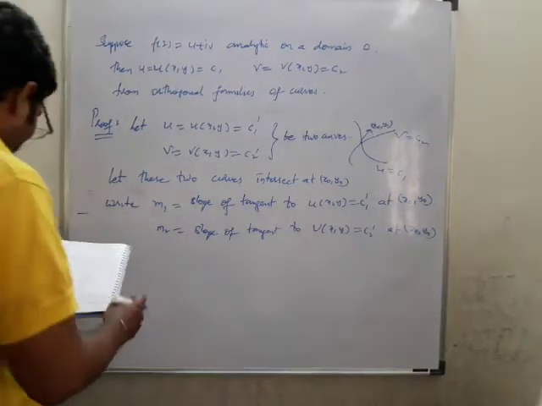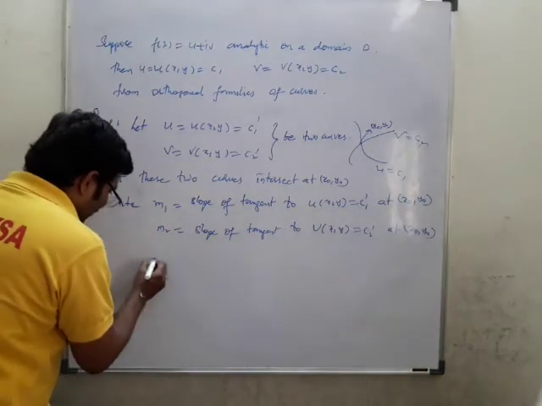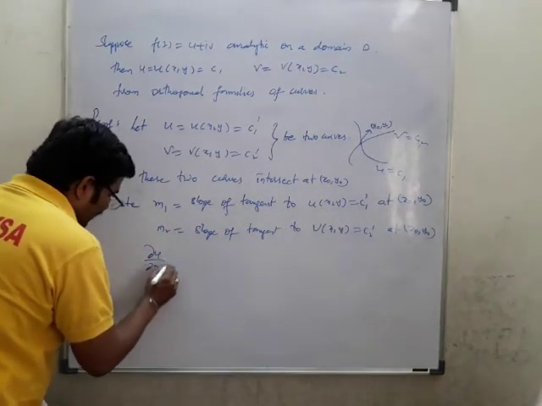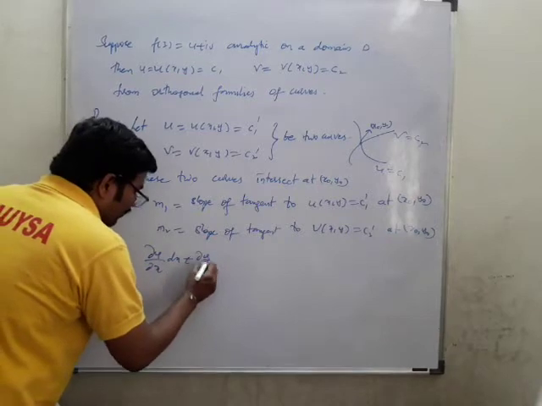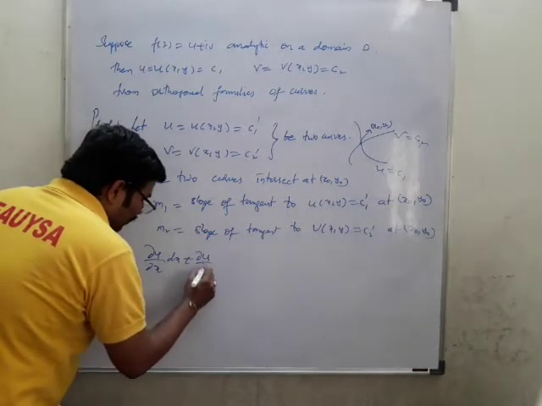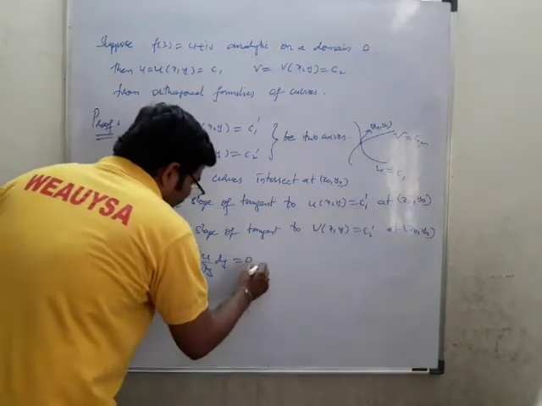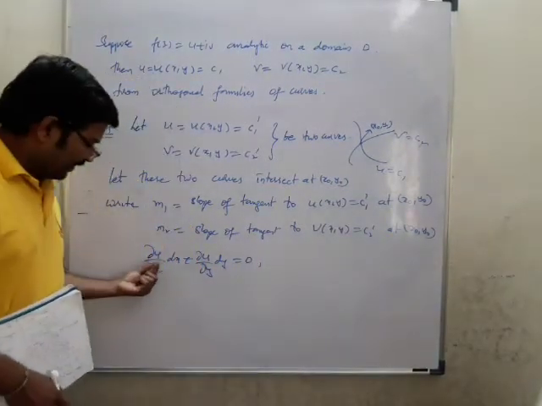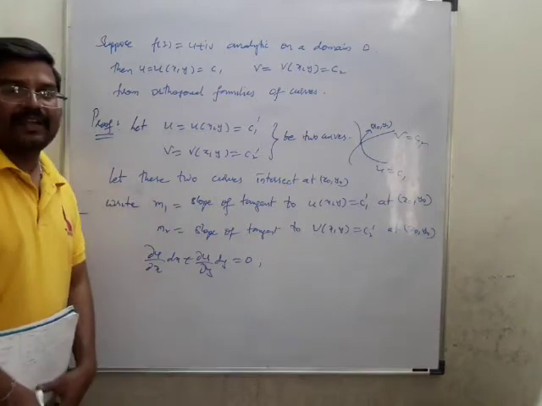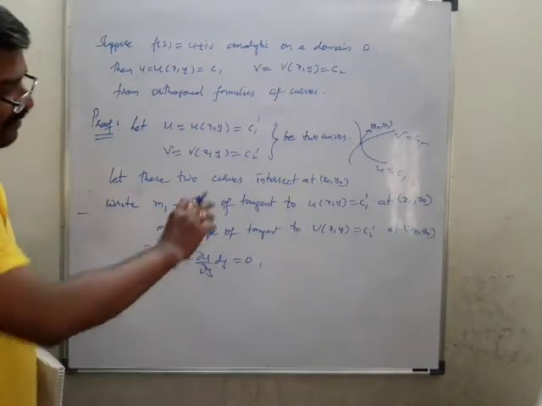For that, we will find: dou u by dou x dx plus dou u by dou y dy is equal to 0. We are differentiating with respect to x and y because u is a function of x comma y.